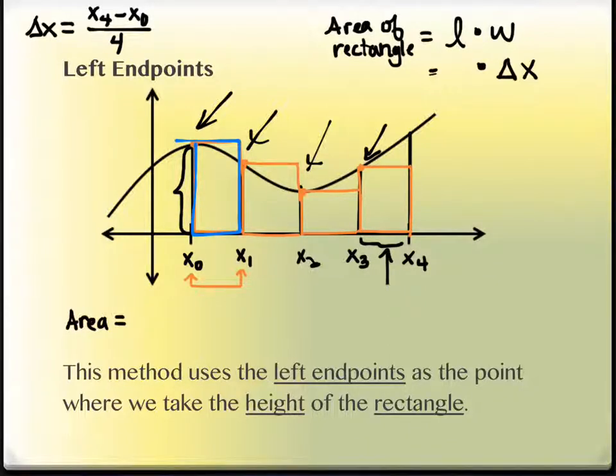So we would actually call this height on this first one f of x sub 0. And we would multiply it by the width, which is delta x. That's one rectangle. What about my second rectangle? What's its height? Right, f of x sub 1. And what's its width? Delta x.